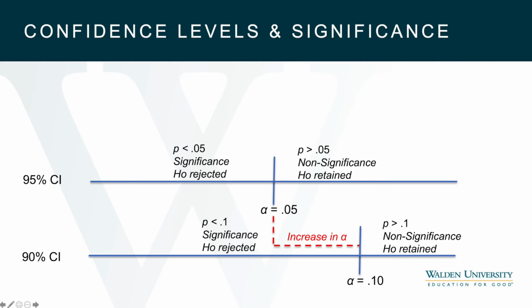And under that statement that 95% is my golden standard, 90% just will not be enough. If you set your confidence level to 90%, you truly are tampering with the alpha level, and you're increasing the odds that you will reject the null hypothesis, and we cannot accept that in the literature.